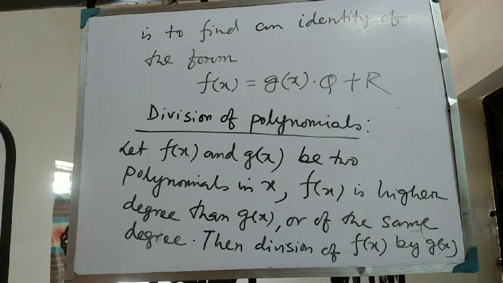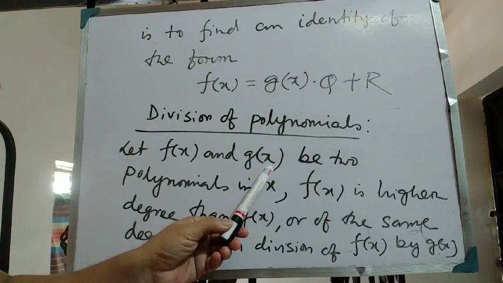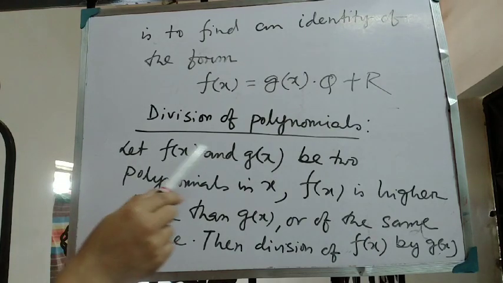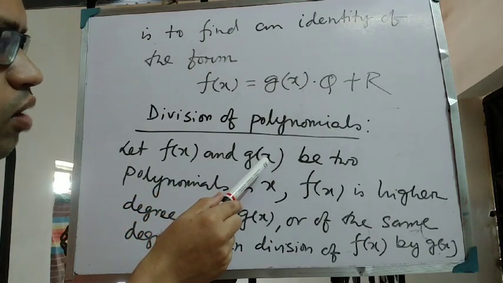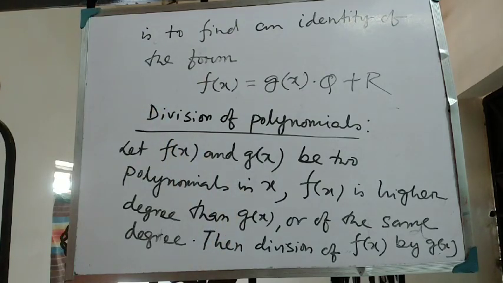This is when f(x) is a polynomial in x and g(x) is also a polynomial in x, and the degree of f(x) is either higher than or equal to the degree of g(x).